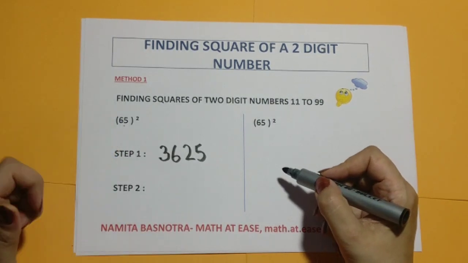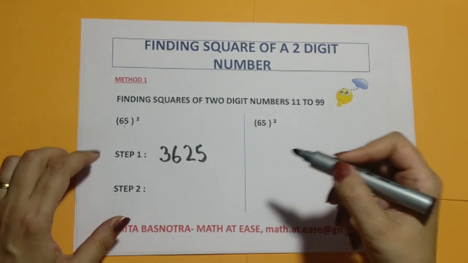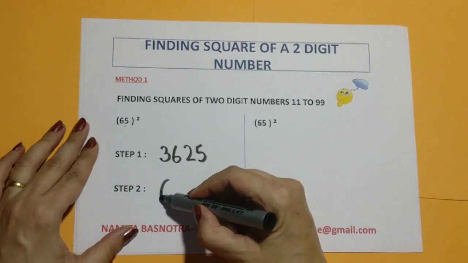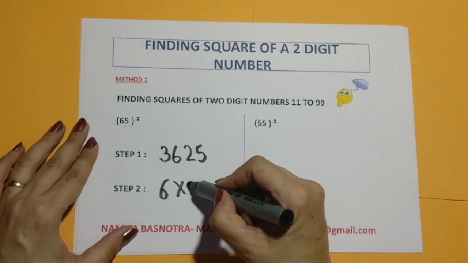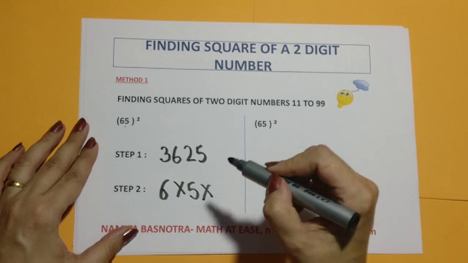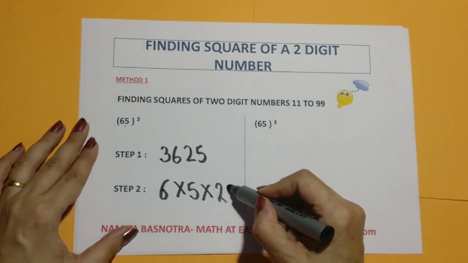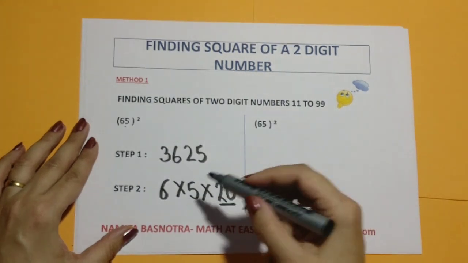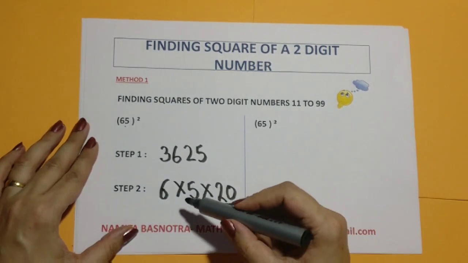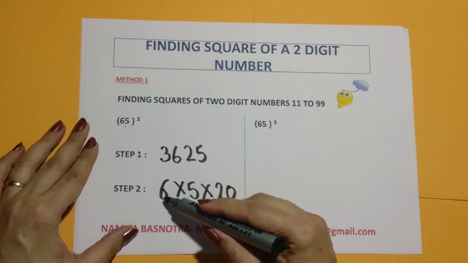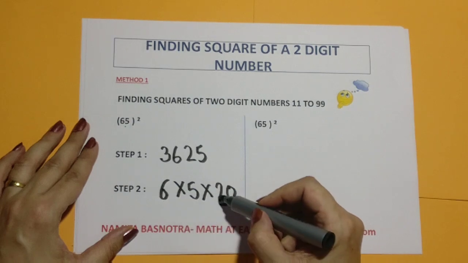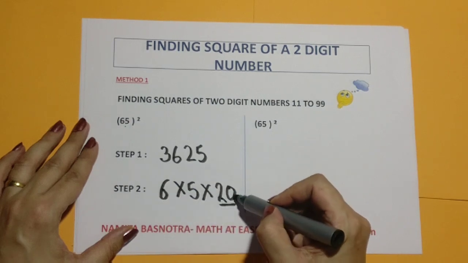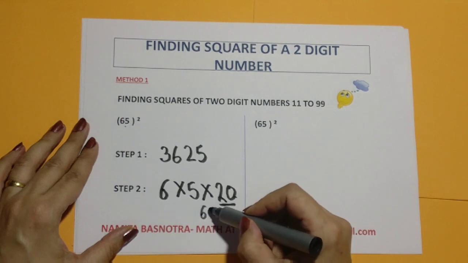Now step 2. Do you remember? Yes, we have to multiply the digits. So I have 6, I'll multiply it by 5, and there was that special number which is 20. Very special, don't forget. All this you have to do in your mind. So when you multiply, 6 5s are 30 and 30 twos are 60, and then a 0, that becomes 600.